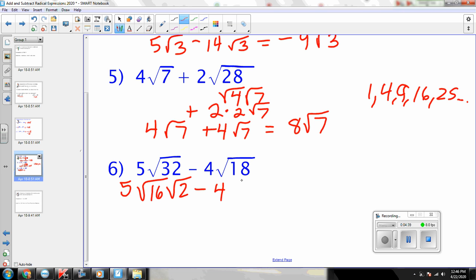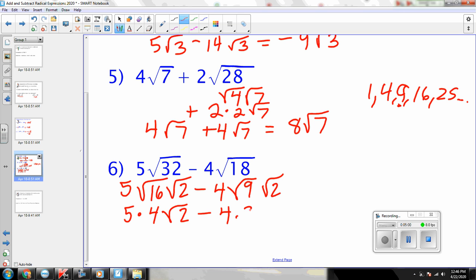What is a perfect square number that goes into 18? Could I simplify radical 18? Yes, I could. 9 does. So I could think of this as radical 9 times radical 2. Well, square root of 16 is 4. So this is 5 times 4 radical 2.